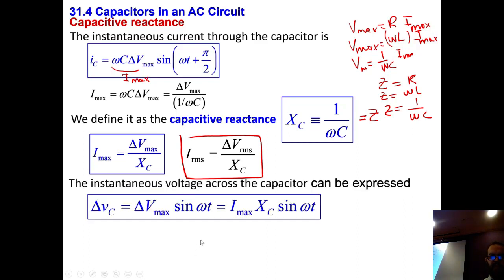Okay, the instantaneous voltage across the capacitor can be expressed. So delta V across the capacitor is delta V max sine omega t, which is I max times the capacitive reactance times sine omega t.